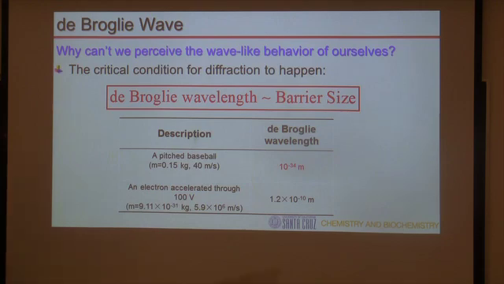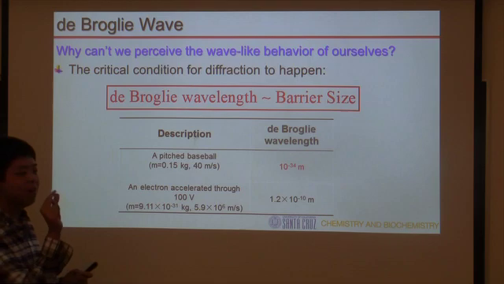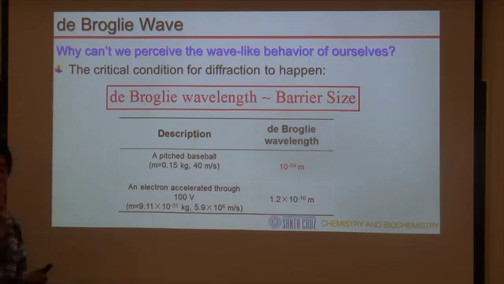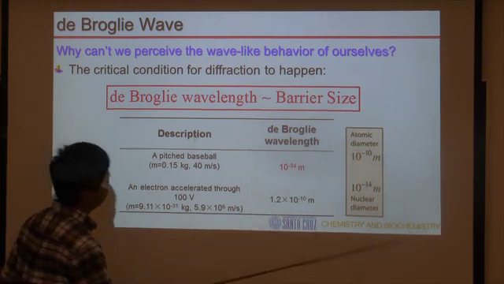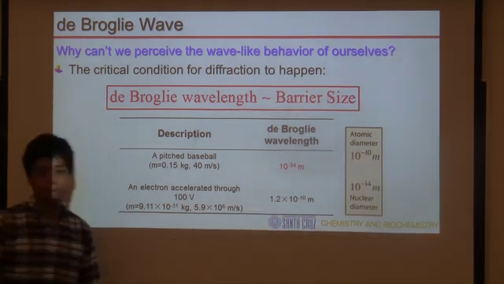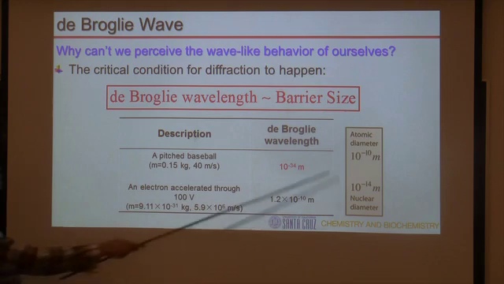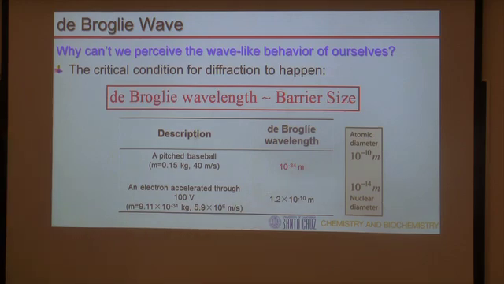Okay, so think about it. Can we find something with this small size in reality, in both the microscopic world and the macroscopic world? Well, the smallest one we can think of is about 1 atom, or 1 electron. So the size of atoms and molecules can be on the order of 10 to the negative 10, or slightly larger.